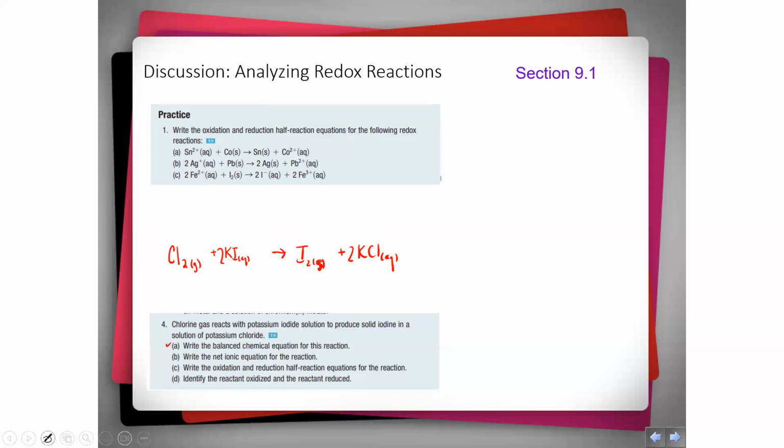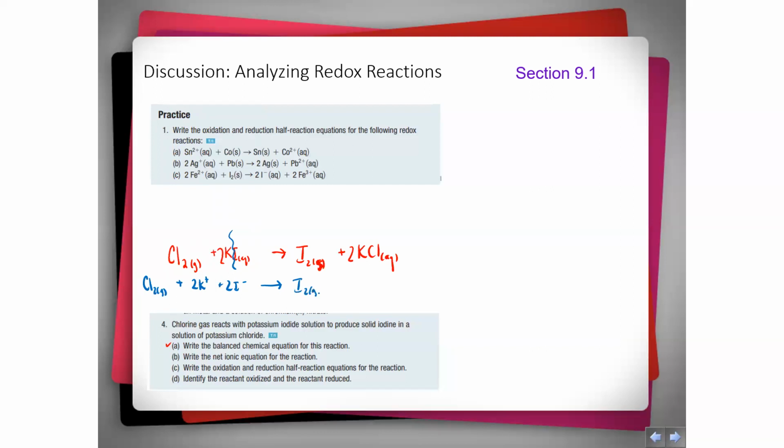So in order to write the net ionic equation, I'm going to separate all the salts into their ions. Chlorine's not a salt, it's in its elemental state, so it doesn't get separated. 2K pluses and 2I minuses, because those will separate into their ions.